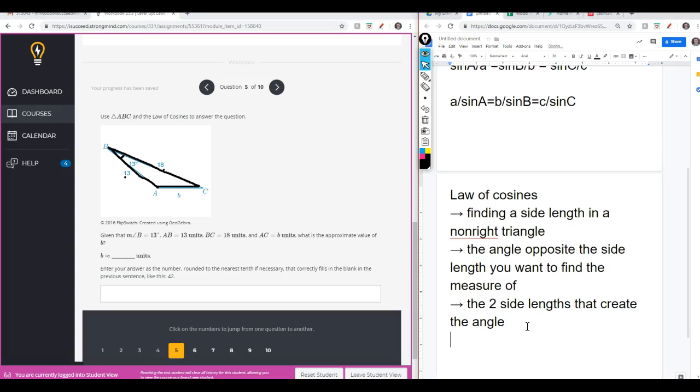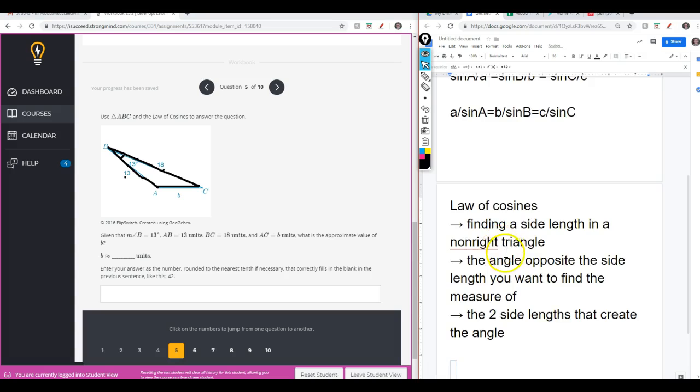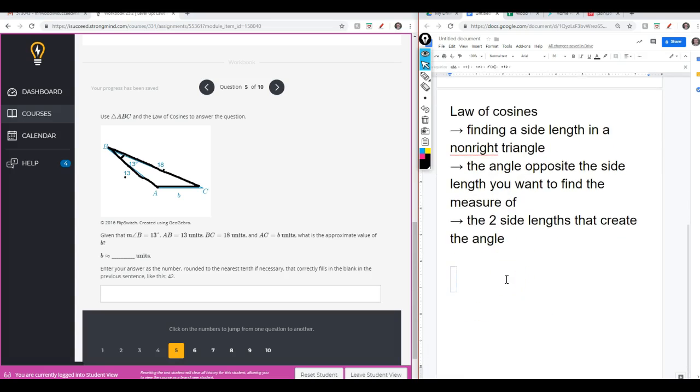So I'm going to explain the relationship of the law of cosines.